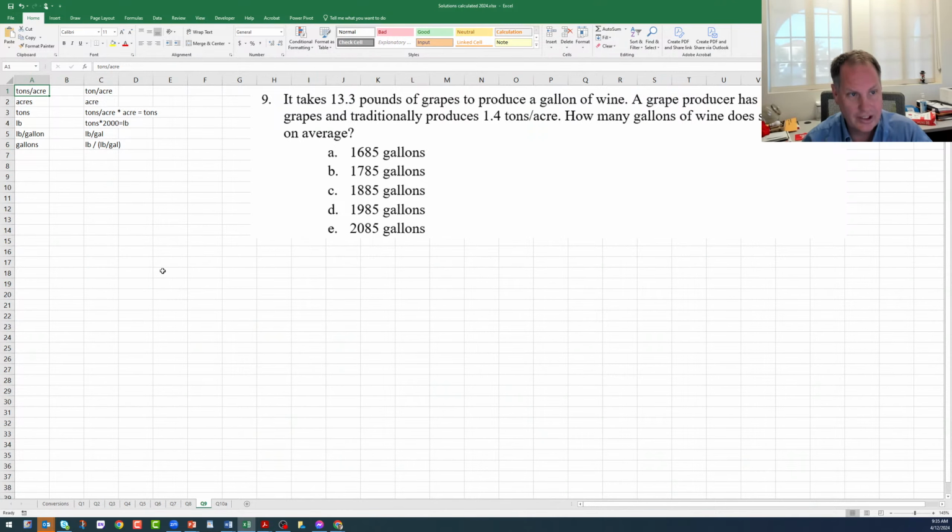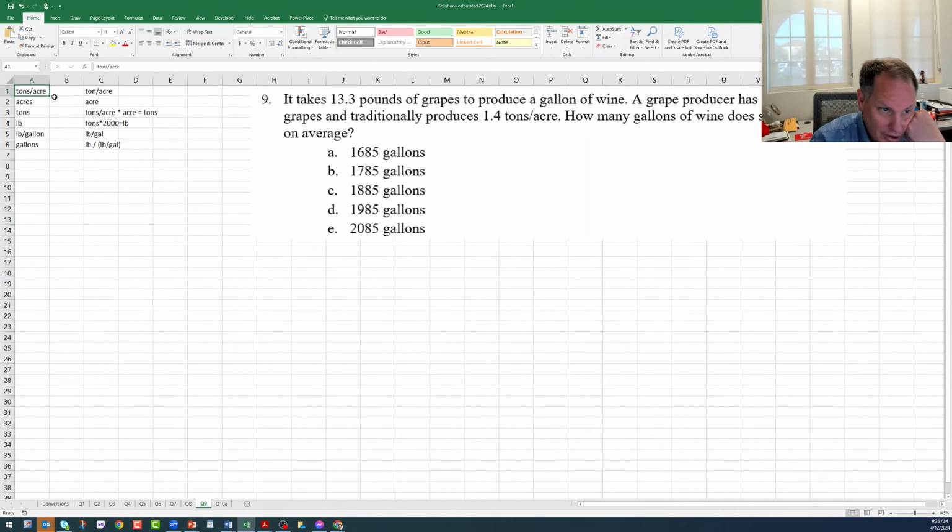Okay, question 9. Takes 13.3 pounds of grapes to produce a gallon of wine. A grape producer has 8 acres of grapes and traditionally produces 1.4 tons per acre. How many gallons of wine does she produce on average?